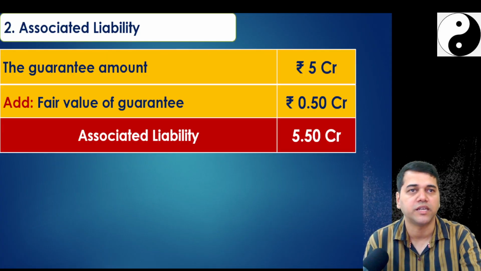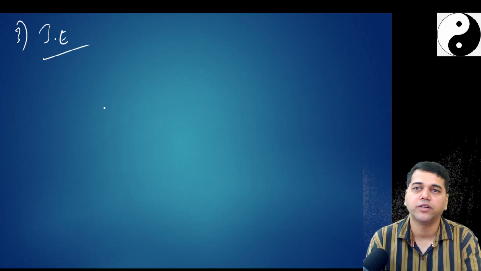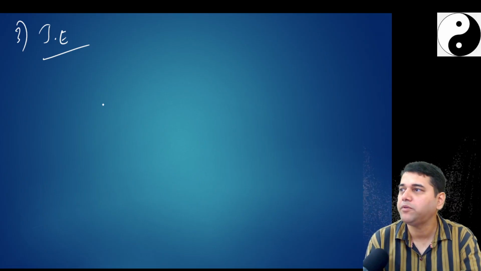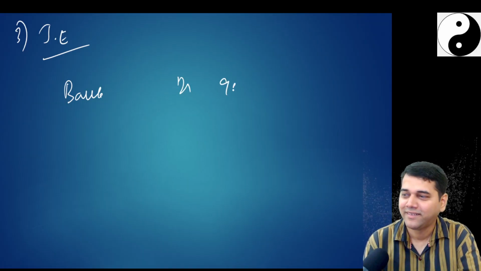What is my journal entry? This is clear, no? Third, journal entry. Can you tell me the journal entry, students? Now it is your turn. If you want help from me, I can help you: bank account debit 90.